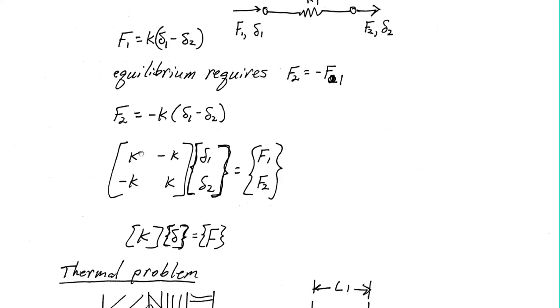That allows you to solve for the unknowns. For example, if we applied F2 here, delta 2 would be unknown, and let's say we constrain delta 1 to be 0. In that case, your unknowns would be F1 and delta 2. So you have two unknowns, two equations. You can find those.